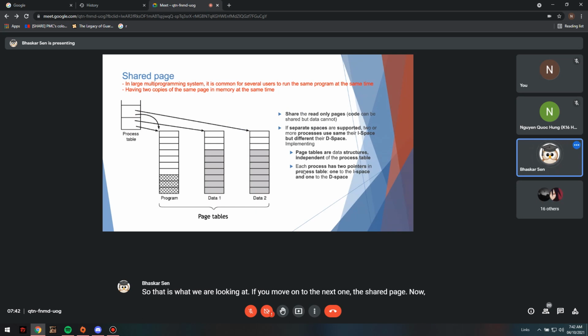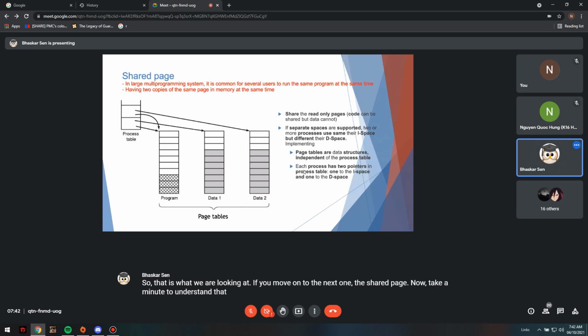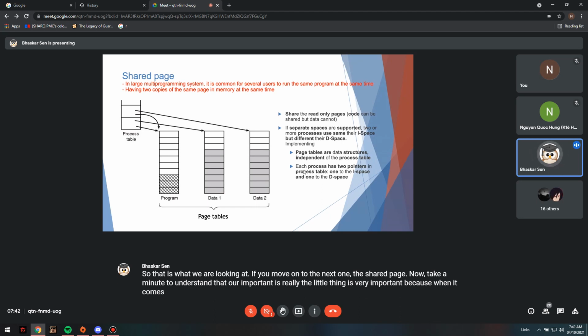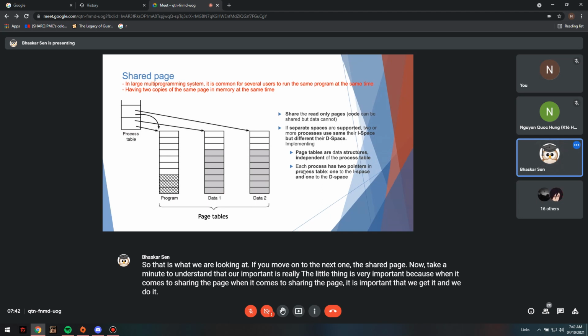Now, take a minute to understand how important this little thing is. This little thing is very important because when it comes to sharing the page, it is important that we get it and we do it in a way that it tends to become a kind of solver, if I may use the word.